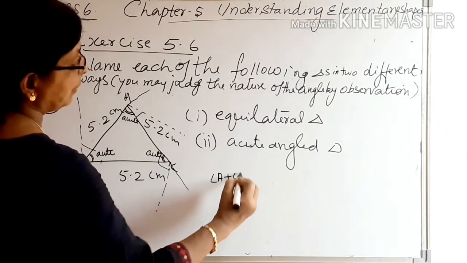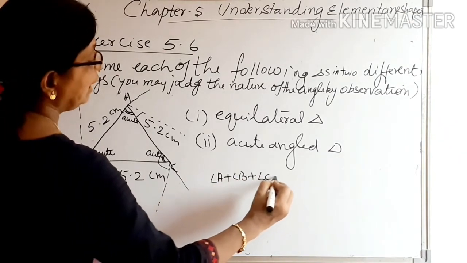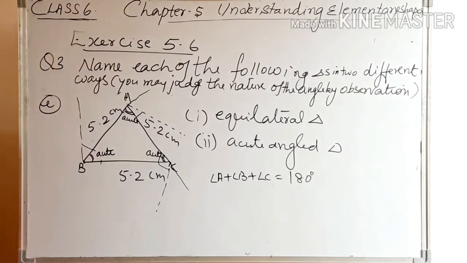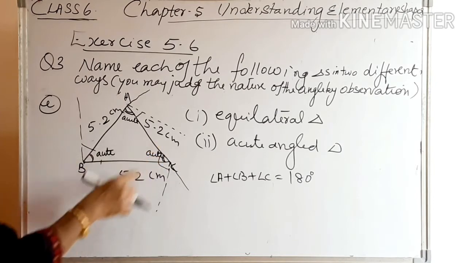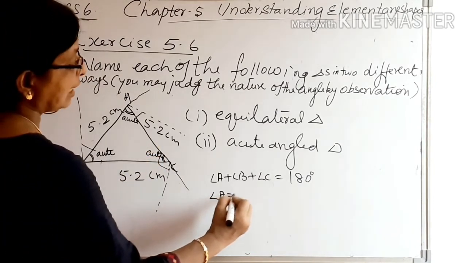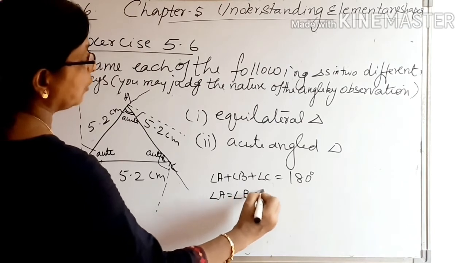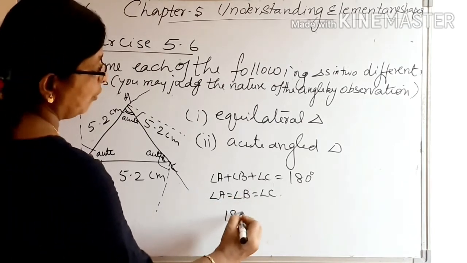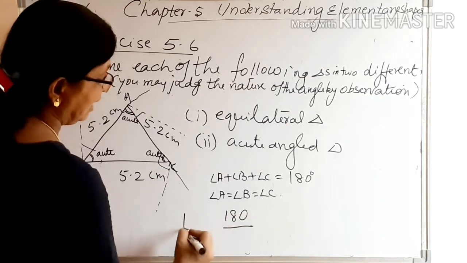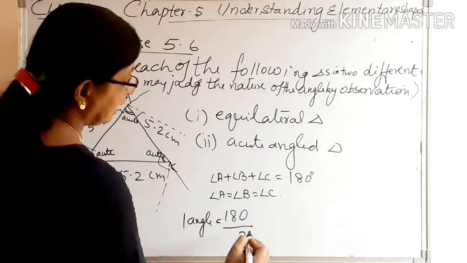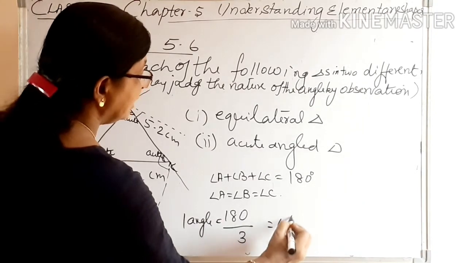One thing I want to say, children, in the sum of three angles of a triangle, angle A plus angle B plus angle C, we know that is 180 degree. In an equilateral triangle, three sides are equal. That means three angles are also equal. Therefore, measurement of one angle is equal to 180 upon 3, we get 60 degree.